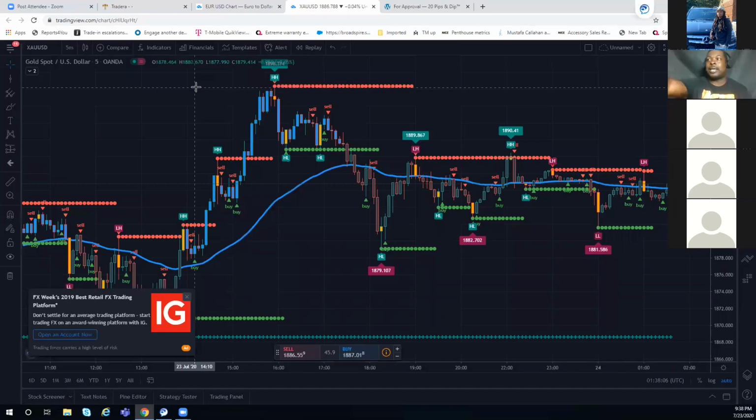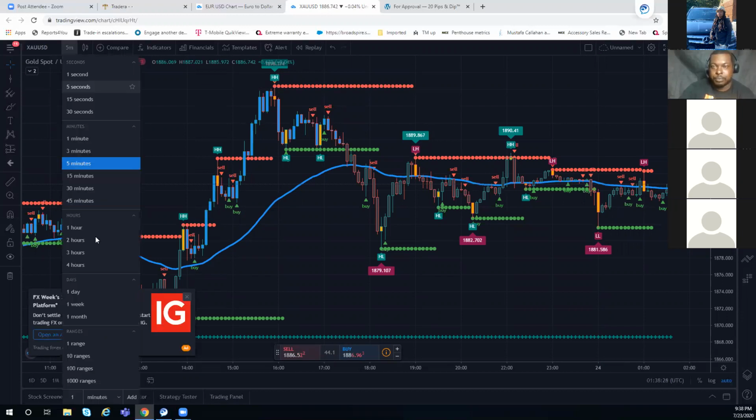Like for example, right here it says 18886. This is how your entry points are gonna look on your MetaTrader 4 in your Forex account. However, another may say 1.886, which again doesn't correlate to our Forex brokers, right? And it could be a little bit confusing in a sense. So actually, let's go back to the 1 hour.